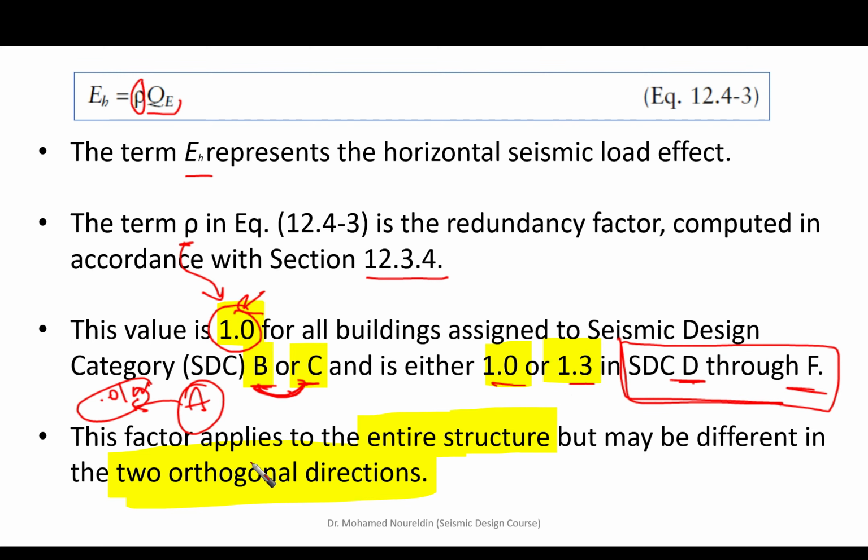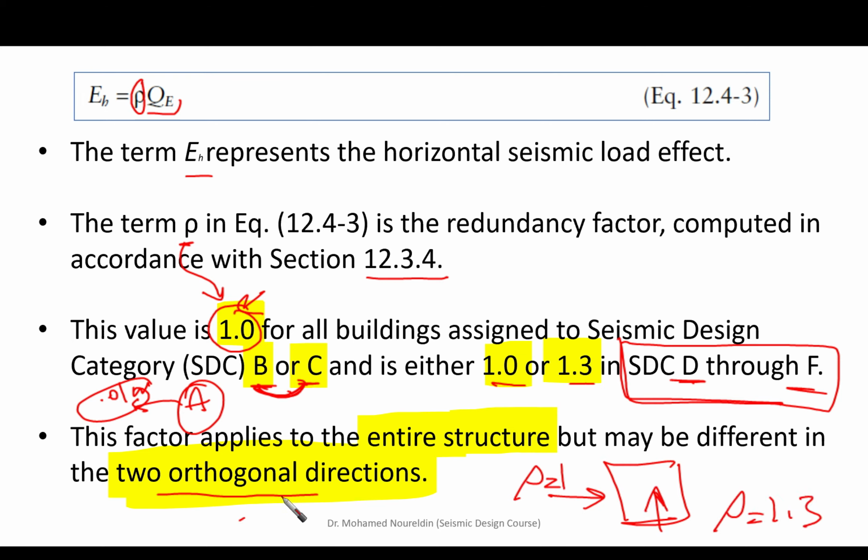This factor applies to the entire structure but may be different in the two orthogonal directions. Take care of this. Maybe we have rho in this direction equal to 1, but in the other direction equal to 1.3, because rho is 1 or 1.3 only.